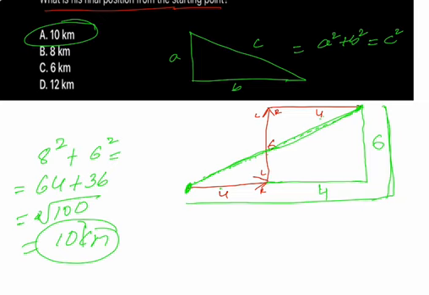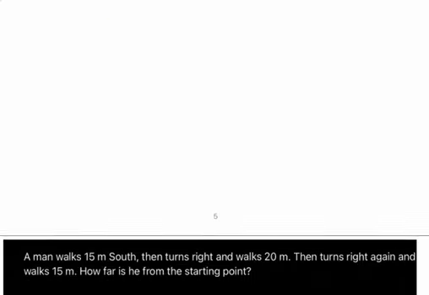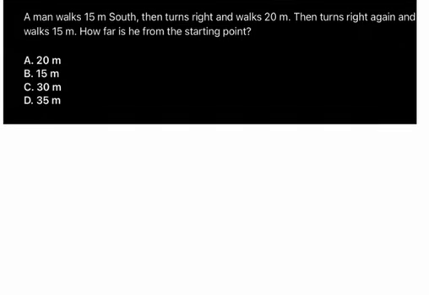Remember this. A square plus B square equals C square. 10 kilometers. Come to the next question.